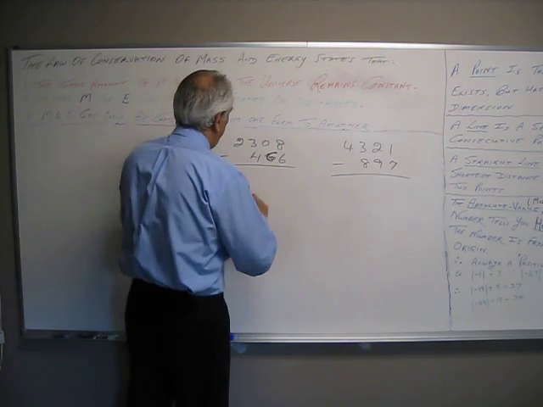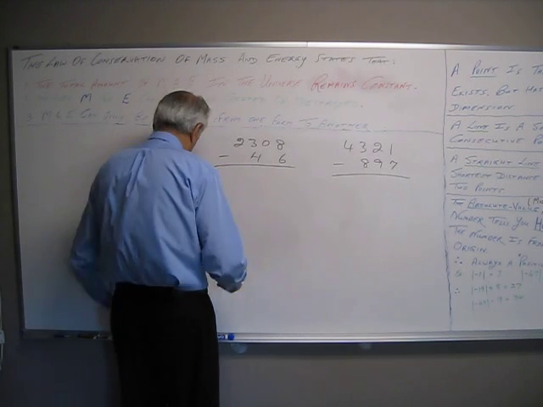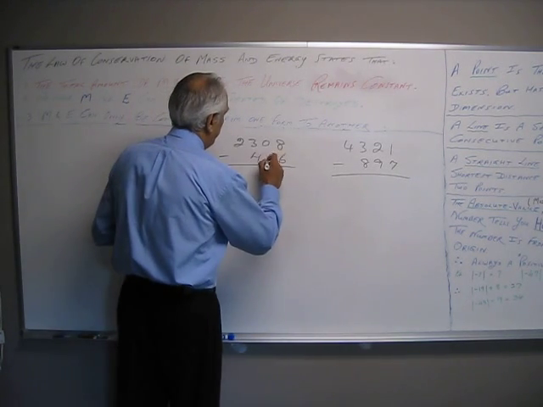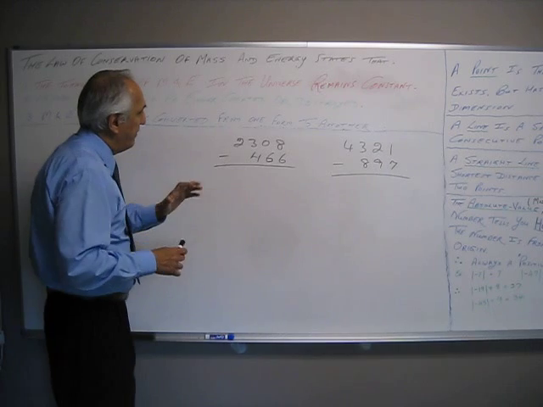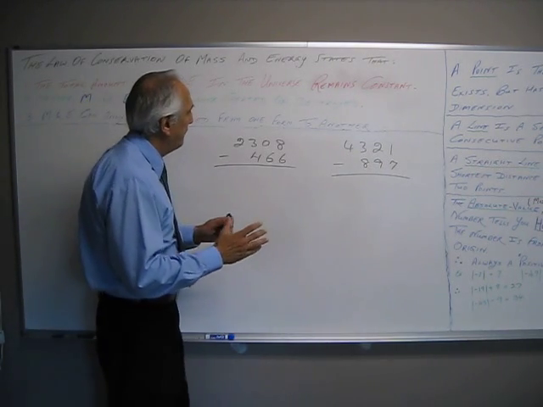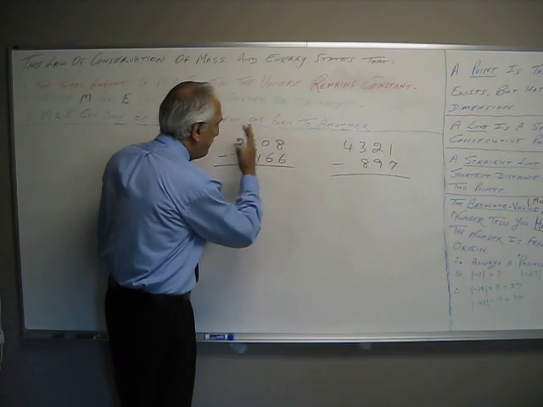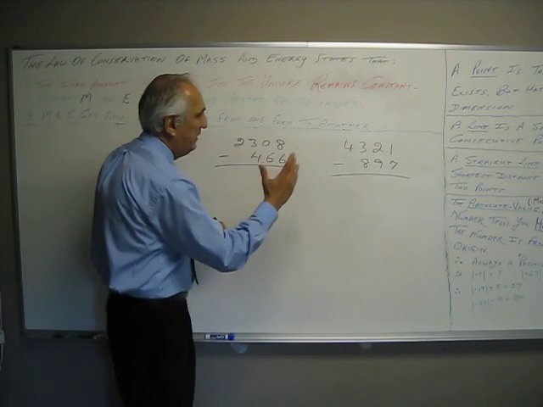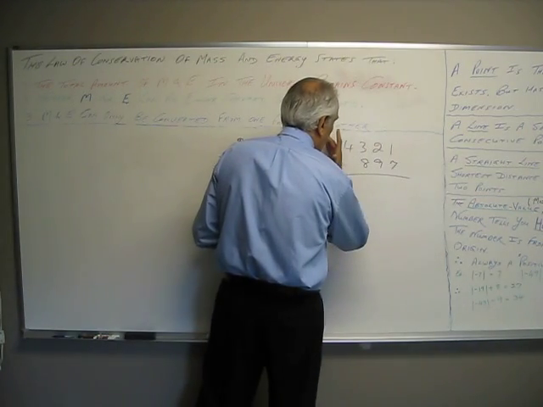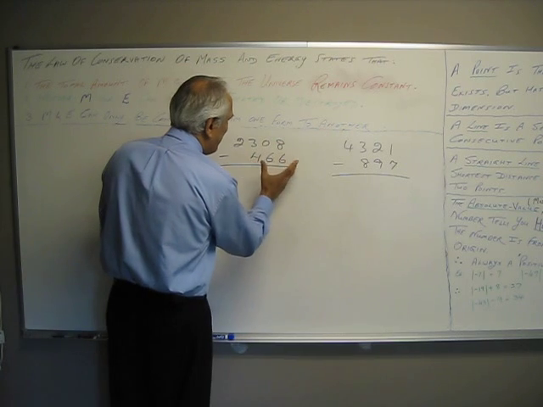Now, let me show this properly. For every subtraction problem, we proceed column by column from the right to the left. Notice the numbers are right justified.